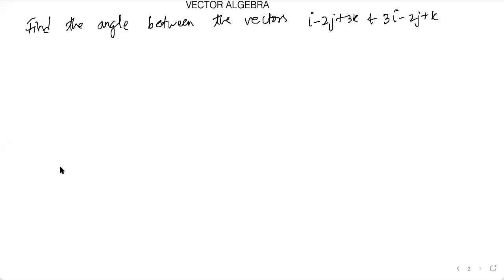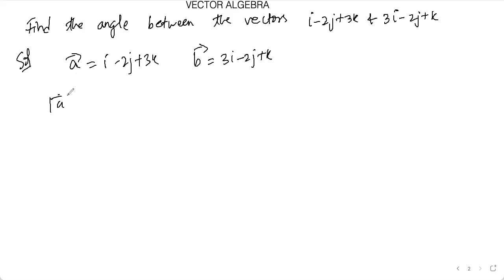So A is i minus 2j plus 3k, and B is 3i plus 2j plus k, right?